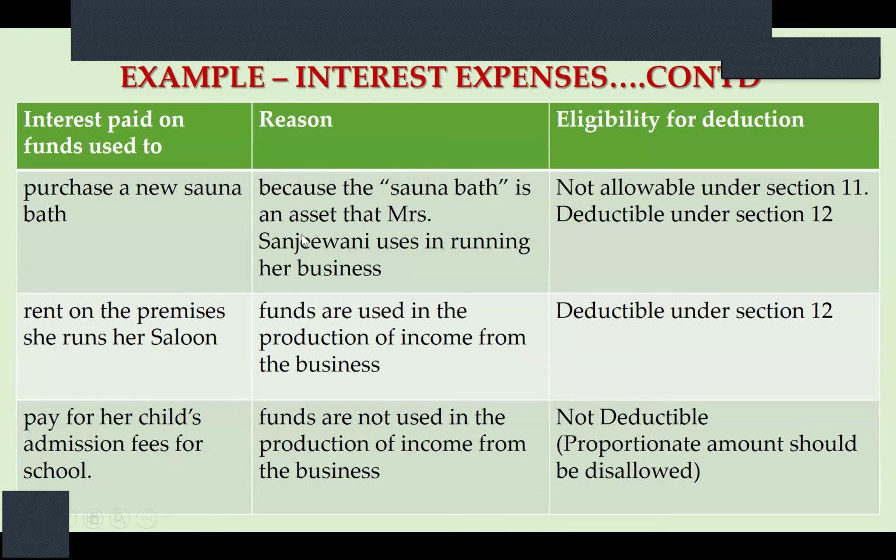The equipment she purchased for the spa is for her business, so we can allow it as a deduction. Even though it is allowed under section 11, we cannot deduct it under 11 because a specific section is available, that is section 12. So under section 12 she can deduct that expenditure.